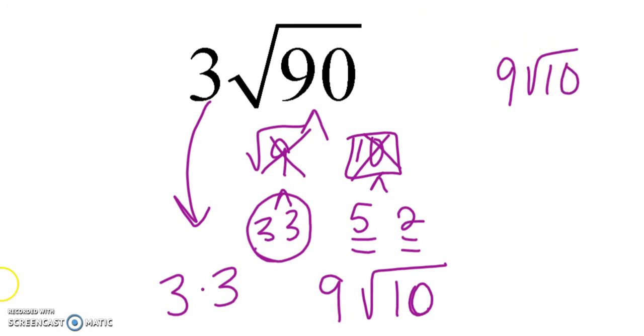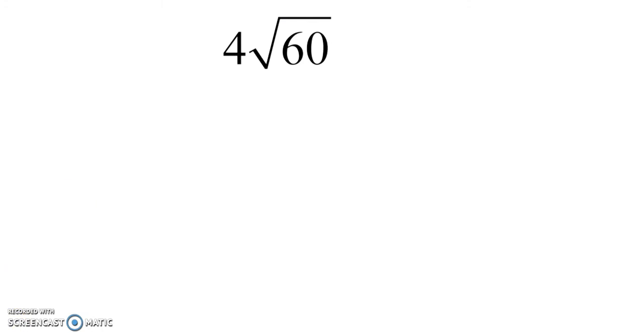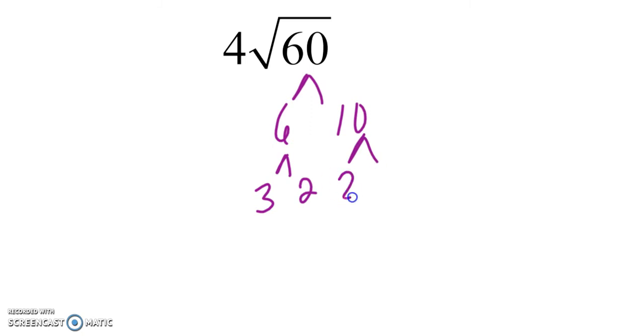Okay? So if you want on a scrap piece of paper or you want to do it on your desk with a marker and rag, why don't you try this one? Pause the video. So I'm going to do 6 and 10. You don't have to. You could do 3 and 2 and 2 and 5. Cross out. I now have a pair of 2's.